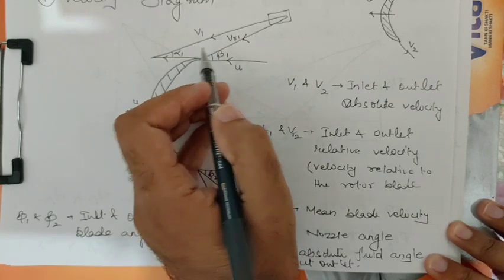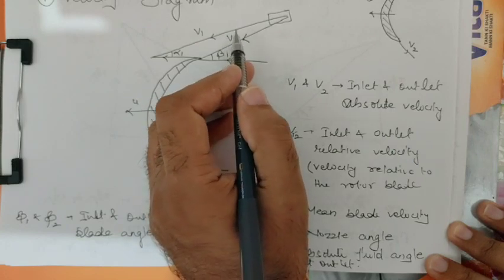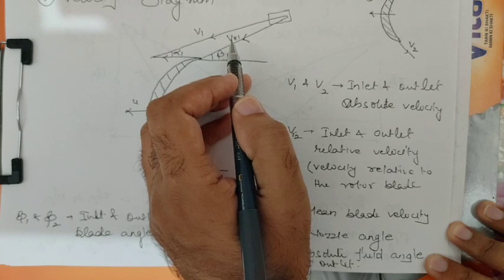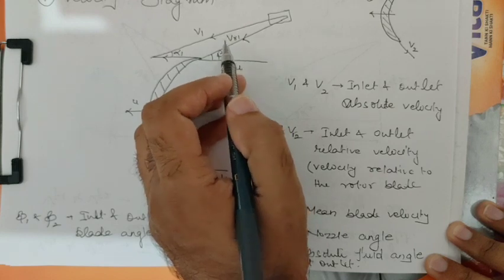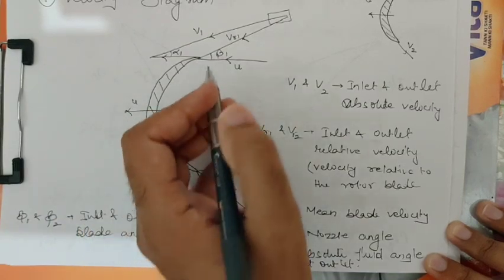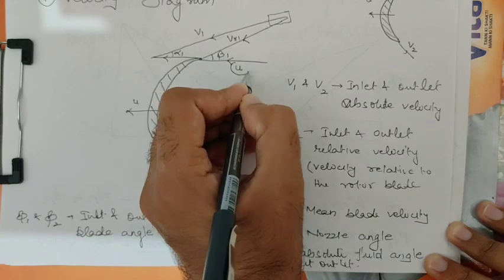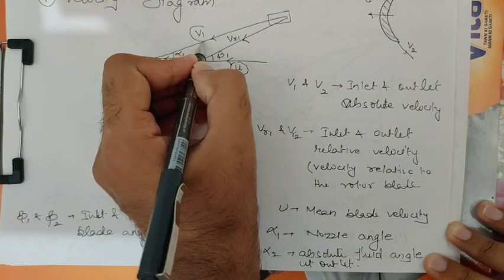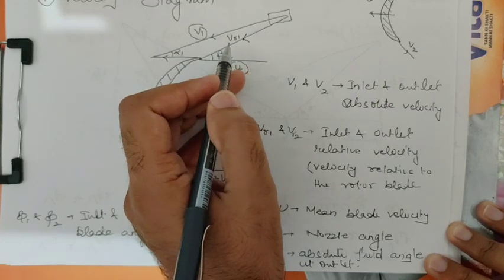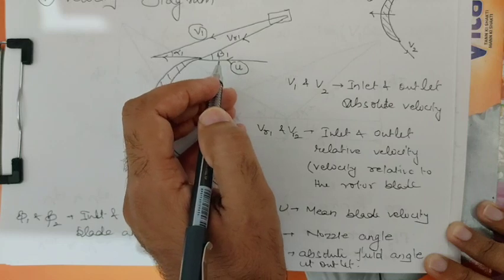and this is VR1. This VR1 is the inlet relative velocity with respect to the rotor blade. Basically, these are the two velocities which are known to us. Other velocities are the components of this V1 and U, that is VR1, and this beta 1.